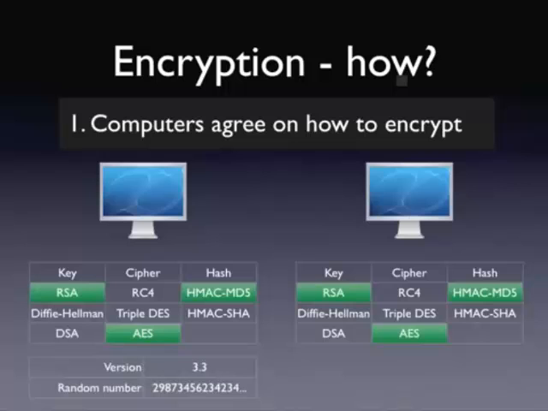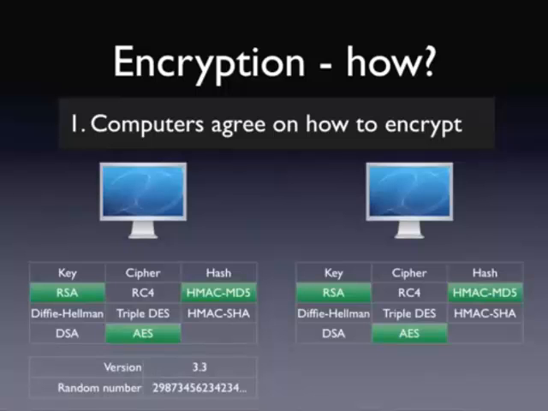Now the first part of the SSL handshake is how the computers agree on encrypting data between each other. First, the client computer on the left sends a hello message to the server shown on the right. The hello message contains key exchange methods in the first column, where I have shown RSA. Second is the cipher. Cipher is the way of encrypting the data between the two computers.